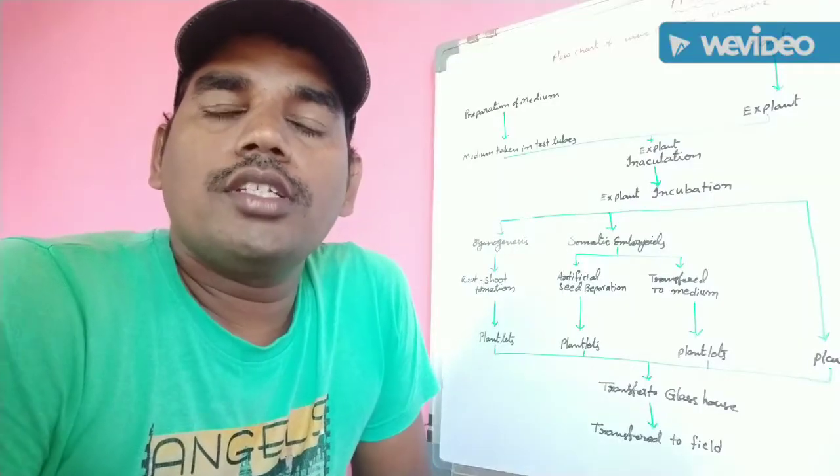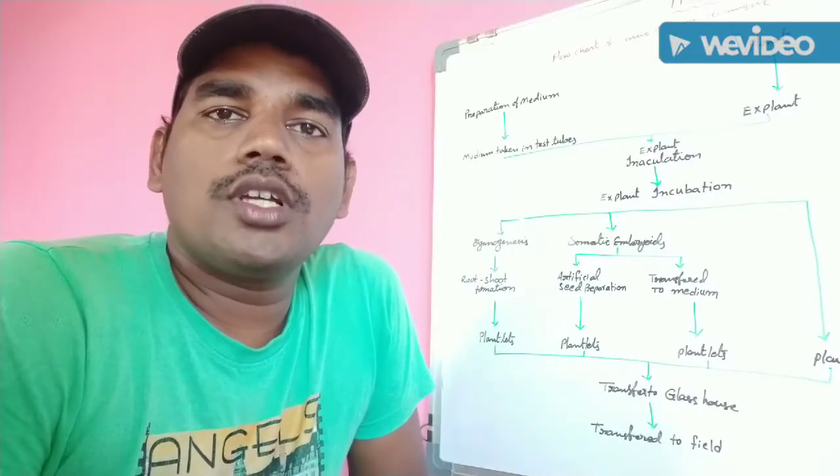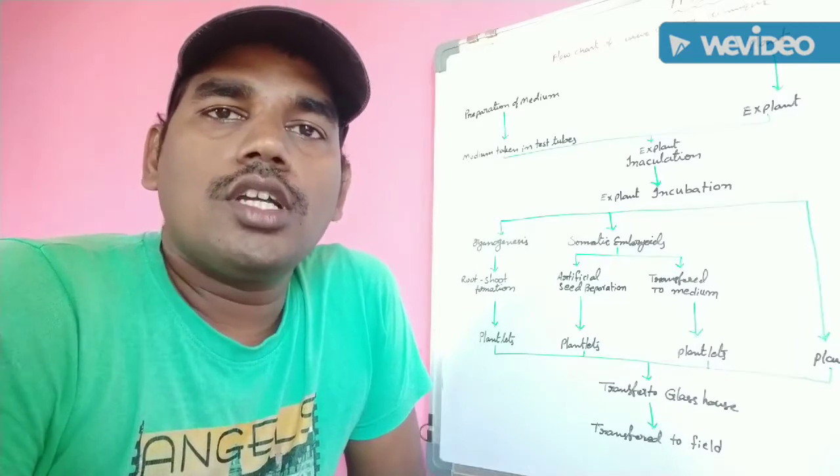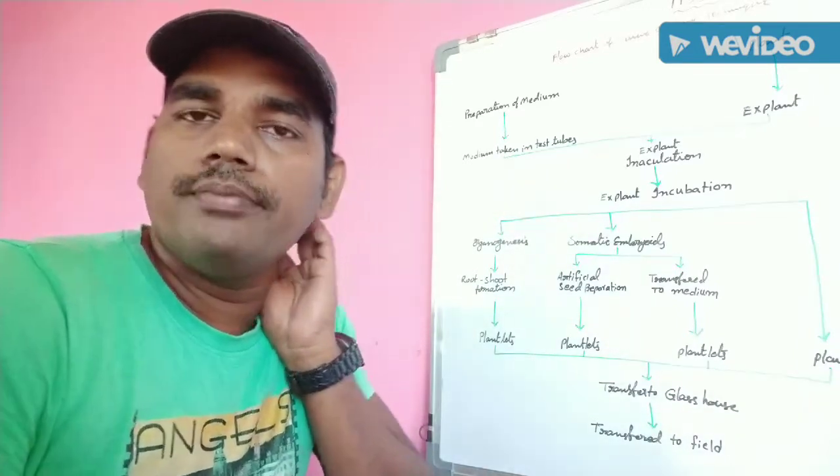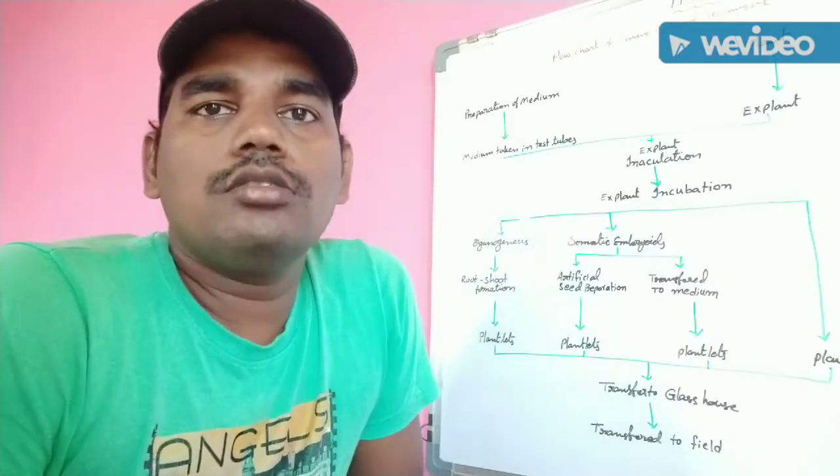Everybody, in the previous class you already discussed tissue culture. In tissue culture, you prepare an explant from any part of the plant body and also prepare a nutrient medium.